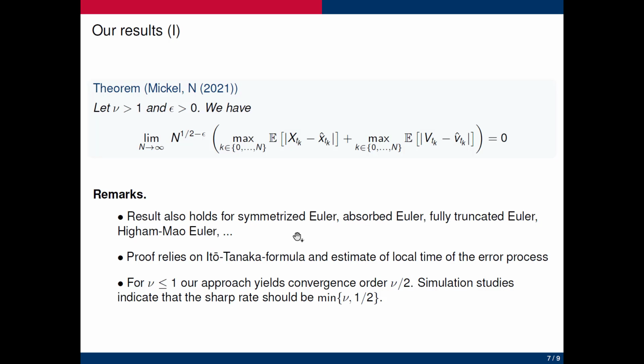So this includes the symmetrized Euler, the absorbed Euler, the fully truncated Euler, the Higham-Mao Euler, and so on. Our proof relies on the Ito-Tanaka formula and an estimate of the local time of the error process. For a Feller index lower than 1, our approach yields a convergence order of nu minus 1/2. However, simulation studies indicate that the sharp rate should be the minimum of nu and 1/2.